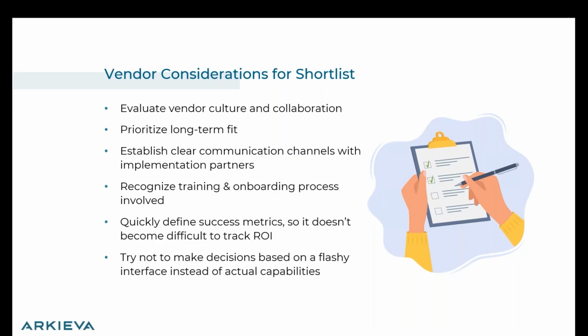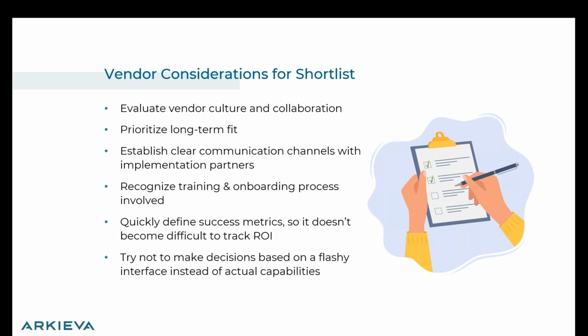All right, so now if we try to summarize the vendor considerations, you certainly want to evaluate the objective things, but you also want to look at vendor culture and their collaboration. You want to prioritize long-term fit versus short-term fit. You want to see if they have implementation partners.